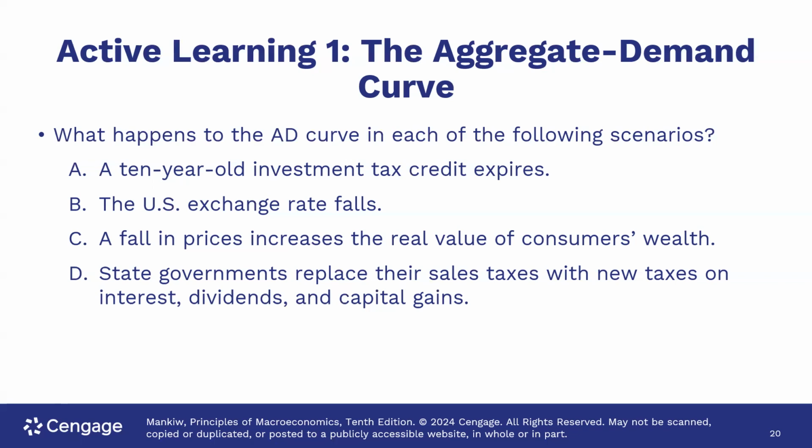D, state governments replace their sales taxes with new taxes on interest, dividends, and capital gains. Right? So here is a mixed effect. So first, the government stopped the sales tax.